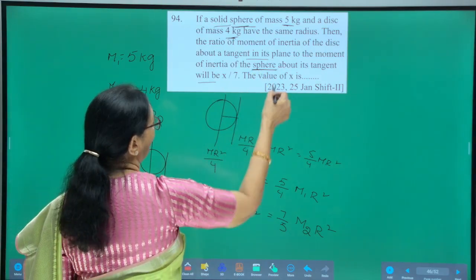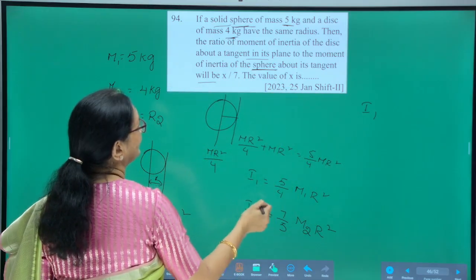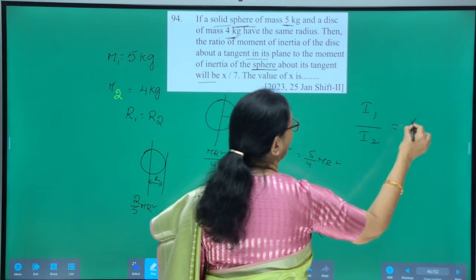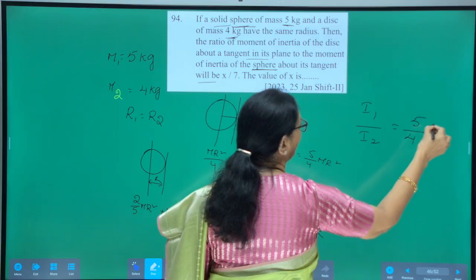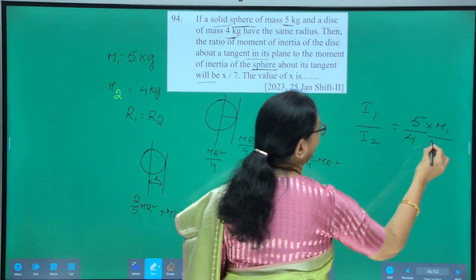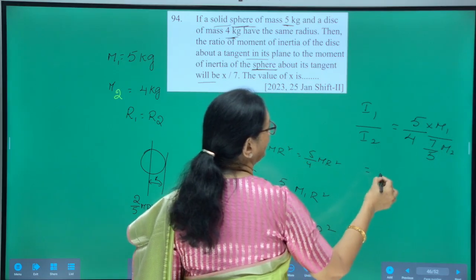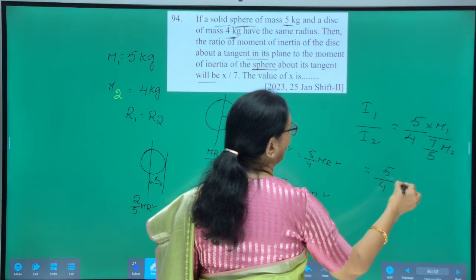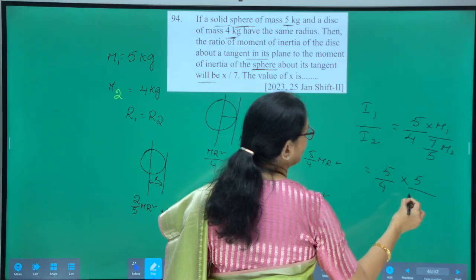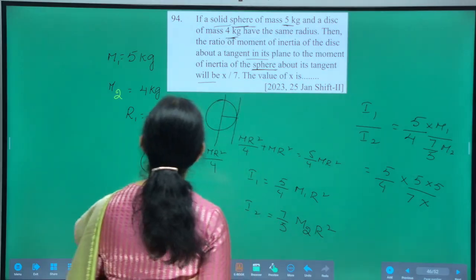So, the ratio of moments of inertia of the disk to the sphere, I1 by I2, is equal to 5 by 4 m1 by 7 by 5 m2. So, this is 5 by 4, m1 is 5, by 7 by 5, m2 is 4.